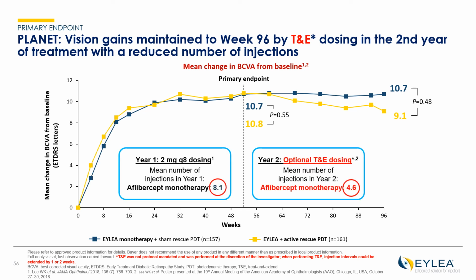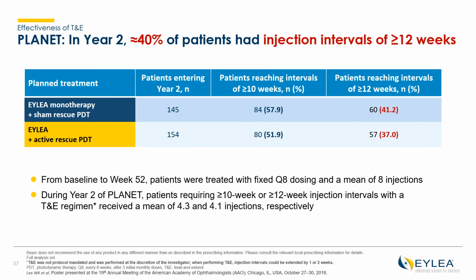Regarding the mean number of injections, in year 1, the aflibercept monotherapy group received 8 injections on average, and in year 2, it was reduced to 4.6 on average when treat and extend was used. And they found that approximately 40% of the patients can have an injection interval of 12 weeks or longer among those who applied treat and extend.